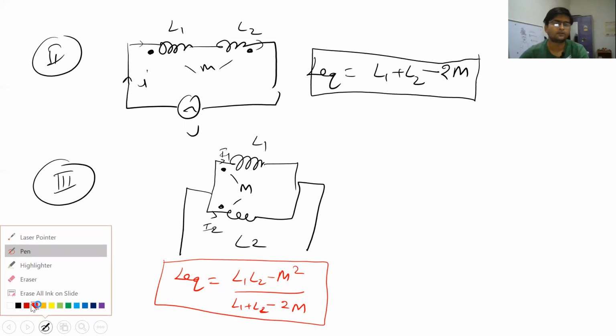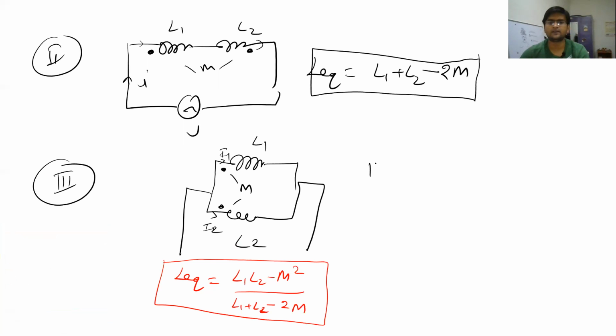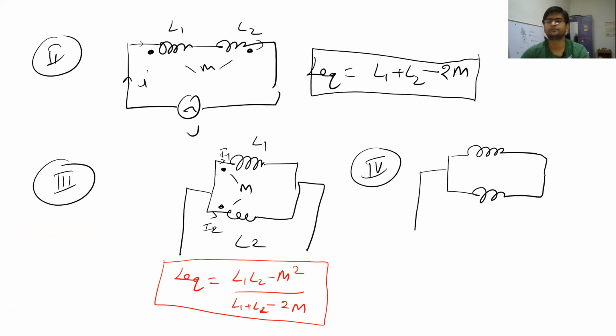So now let us see the last circuit, which is parallel opposing two inductors. So here, as you can see, if the dot is here, let us take for the secondary coil the dot here, and they are having mutual inductance M, self inductance L1 and L2, currents I1 and I2.